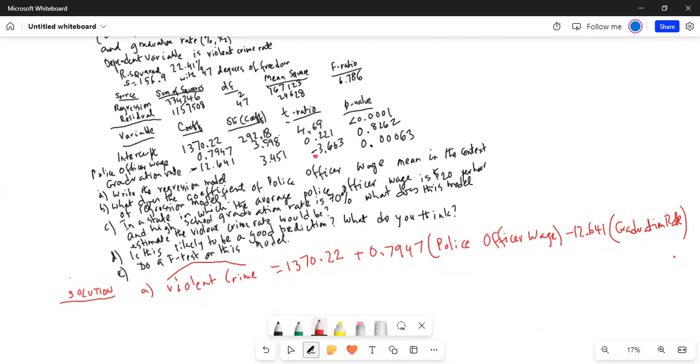Okay. So part B asks what does the coefficient of police officer wage mean in the context of the regression model.